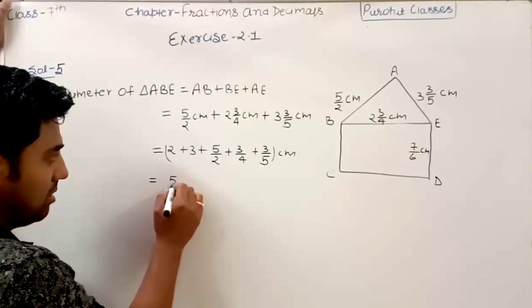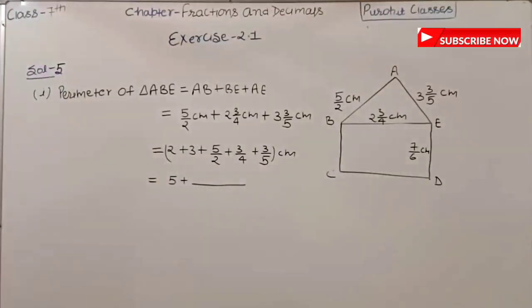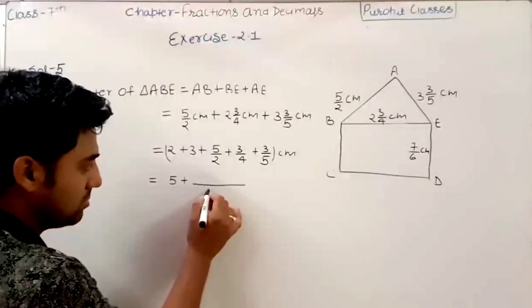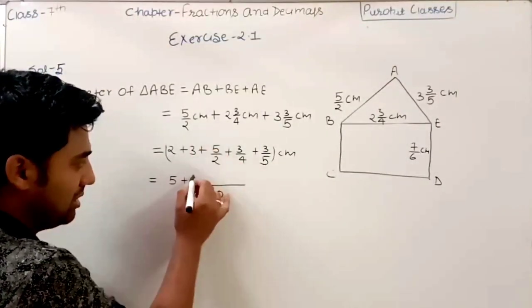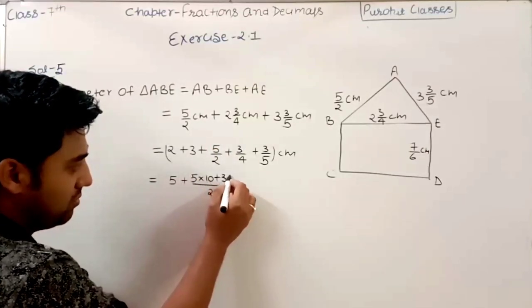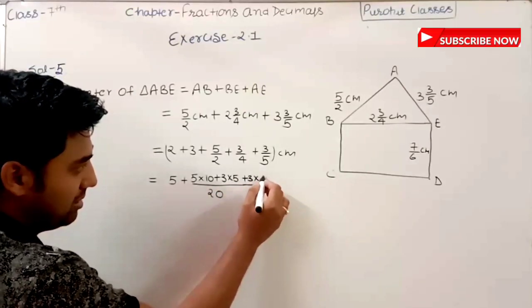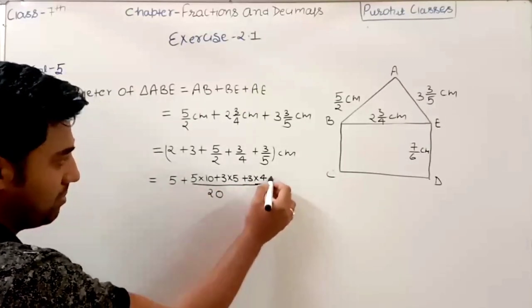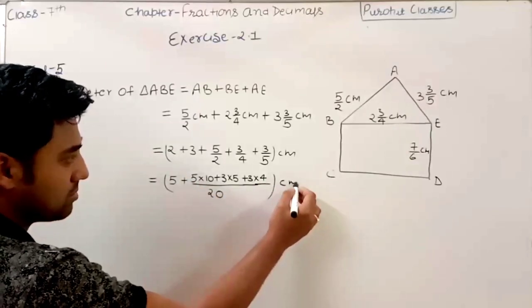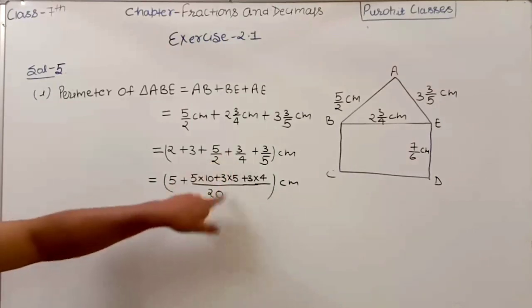This will be 5 plus, if we take the LCM, the LCM of 5, 4 and 2 will be 20. So this 5 will be multiplied by 10, plus this 4 will be multiplied by 5, and plus this 3 will be multiplied by 5, over 20. Understood? The LCM of these 3 is 20.